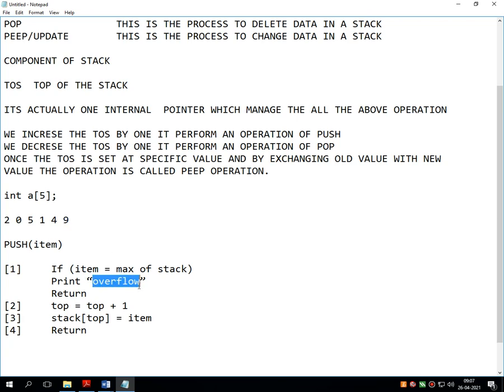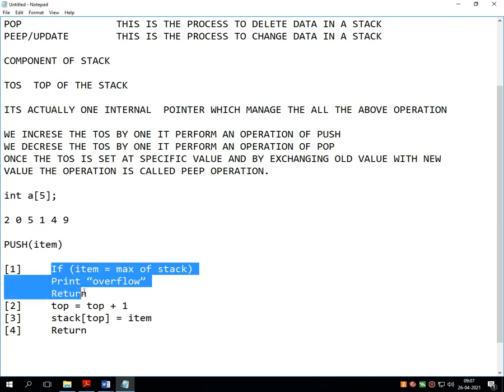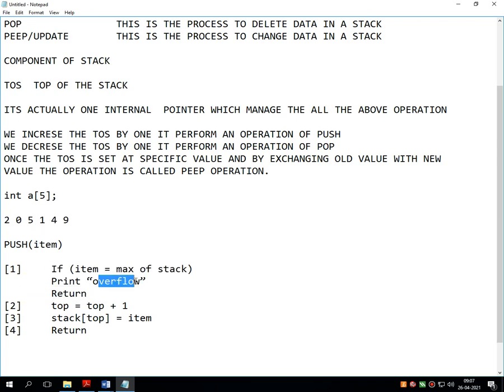It shows a message of overflow, as 9 cannot be stored inside the array because the array becomes full. The previous 5 numbers were already successfully stored inside the one dimensional array. So if it happens, it shows the message of overflow and the program gets returned.